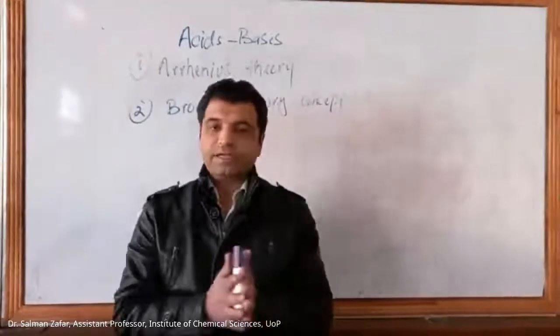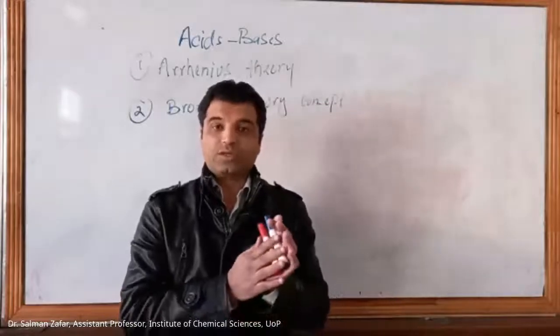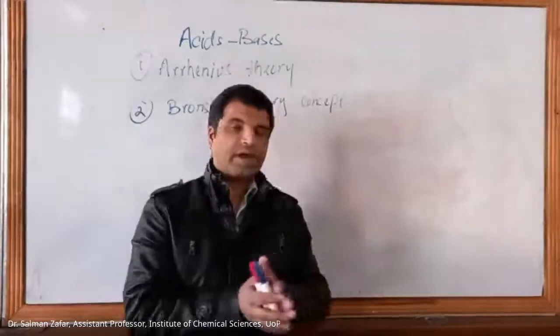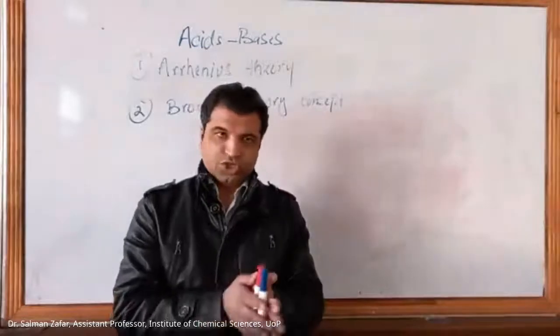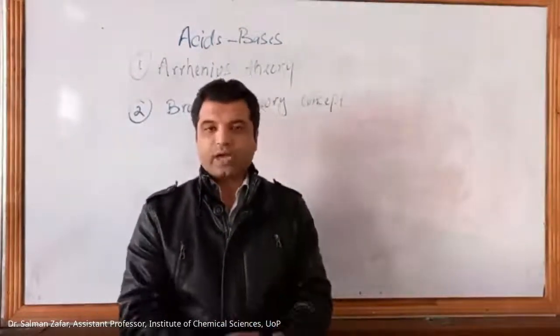Second, Arrhenius concept was limited to acids and bases in aqueous solutions only, but here we can have examples in which acid-base reaction can occur in non-aqueous medium as well.